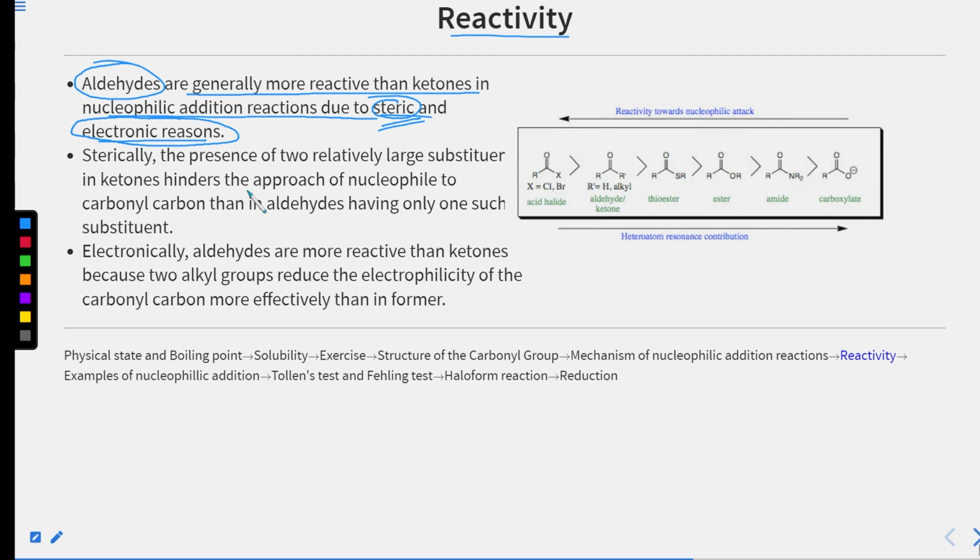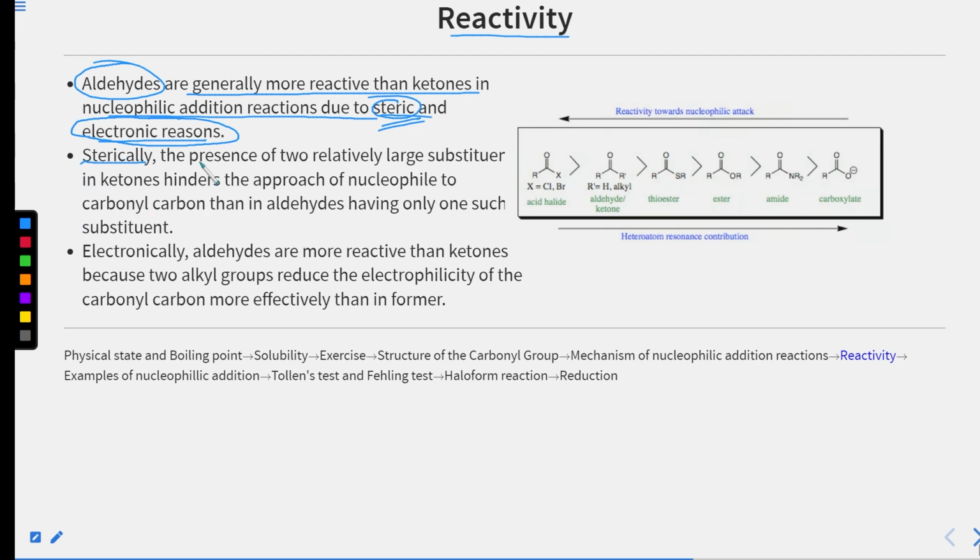Now H is smaller in size as compared to carbon, so it would not inhibit the attack of the incoming nucleophile, and this would facilitate a much easier reaction as compared to the ketone, which has an alkyl group, and it is prohibiting the attack of the nucleophile due to high steric hindrance, and also the electronic reason.